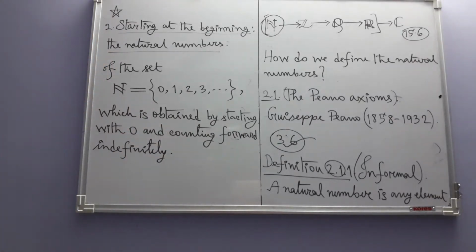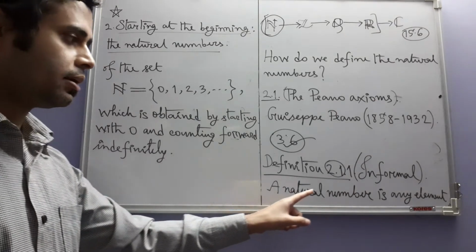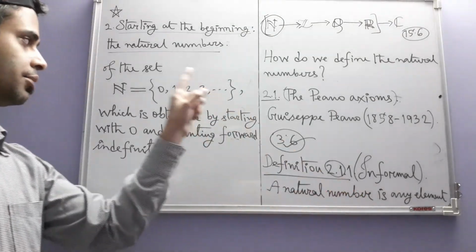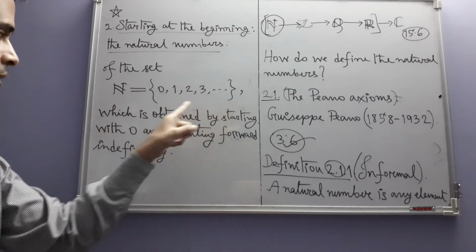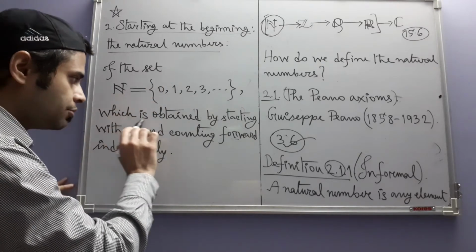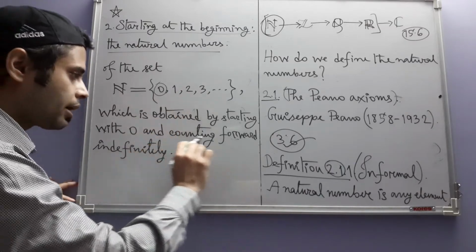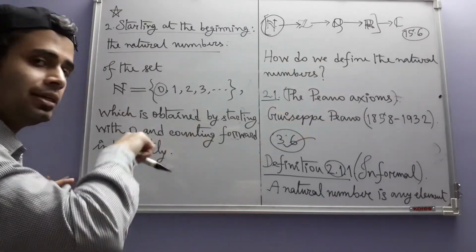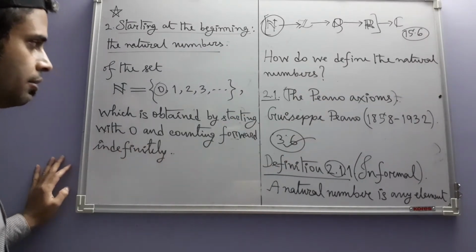Okay, so let's now see what this definition says. It says that a natural number is an element of this set. And what is the set? The set which is obtained by starting with 0 and counting forward indefinitely: 0, 1, 2, 3, 4, like that.